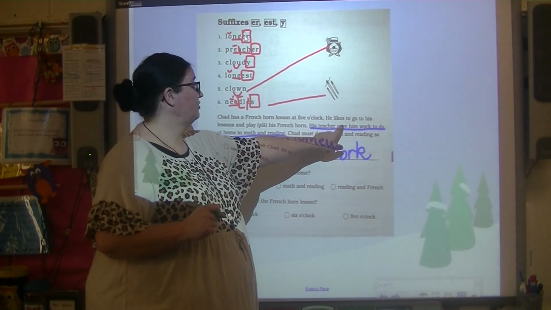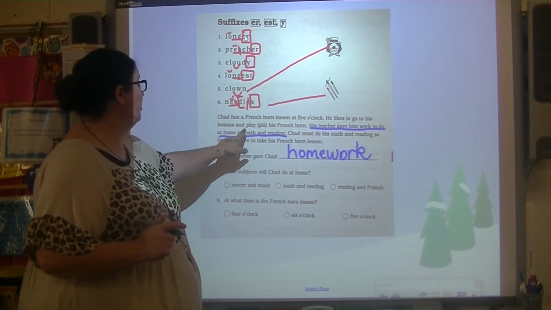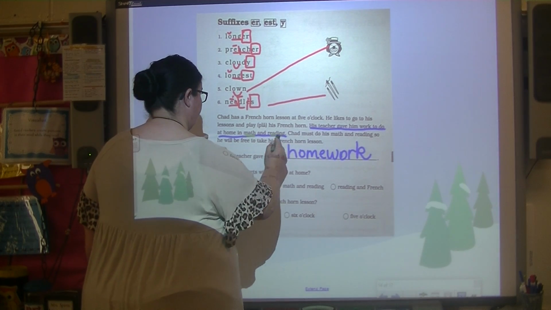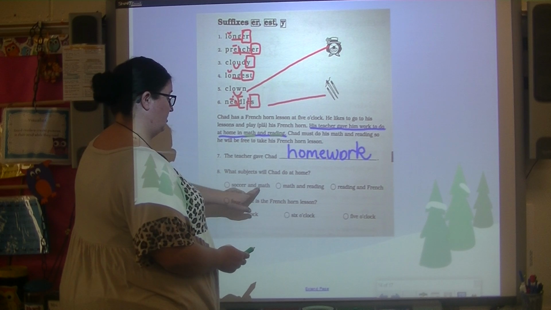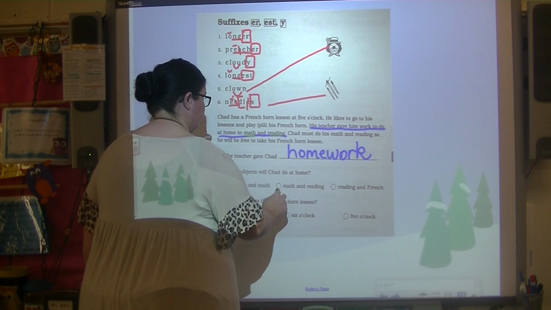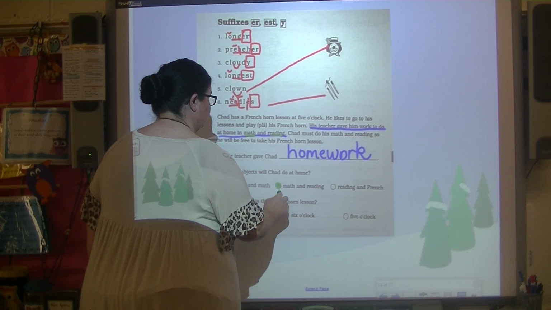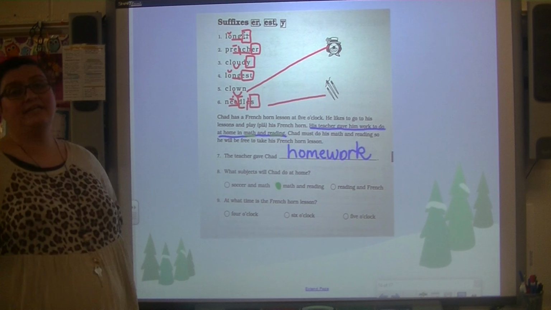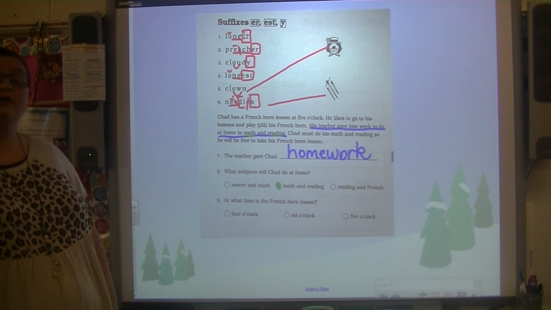It says his teacher gave him work to do at home in math and reading. Soccer and math? No. Math and reading. Yes. I used the same sentence to help me answer number 8.